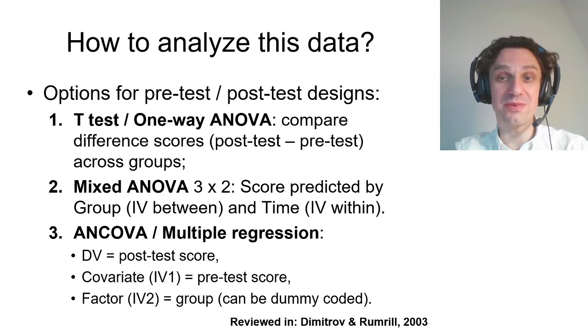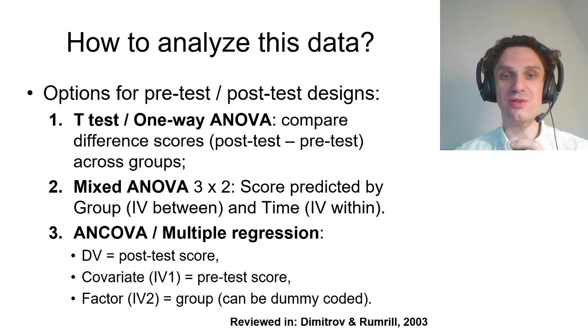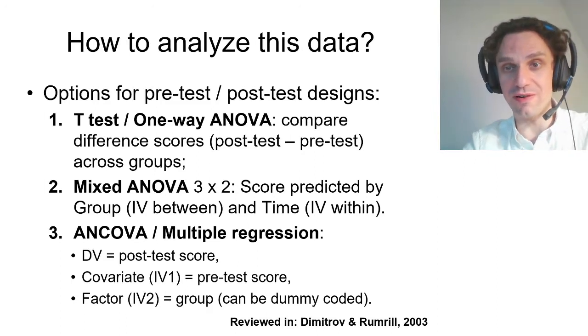For a pre-test, post-test dataset, there are basically three options that you can use. The first option, the simplest option, is a t-test or a one-way analysis of variance. You calculate difference scores. Basically, for each person, for each variable, you calculate the difference between the post-test and the pre-test, and the result is called a difference score.